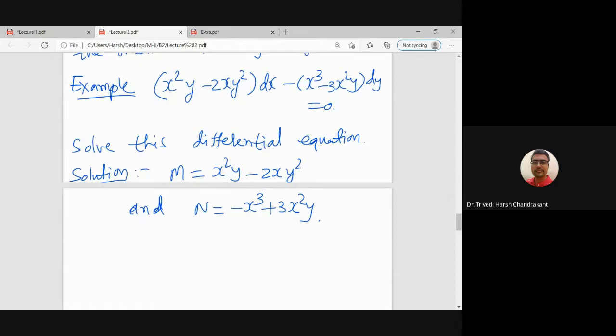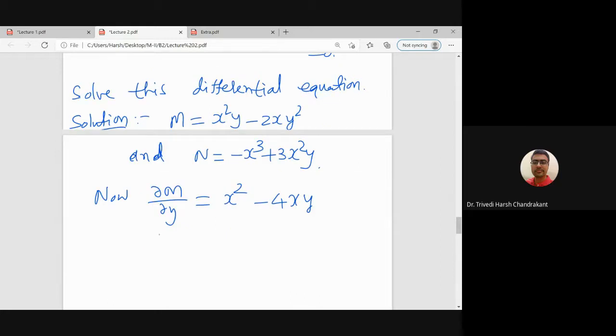First thing we will do is check whether this is exact or not. So first we'll find del m by del y, the partial derivative of m with respect to y. So that is del m by del y equals x square minus 4xy. And what is del n by del x?